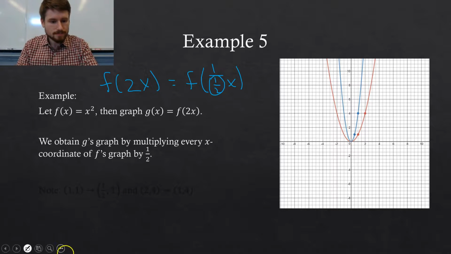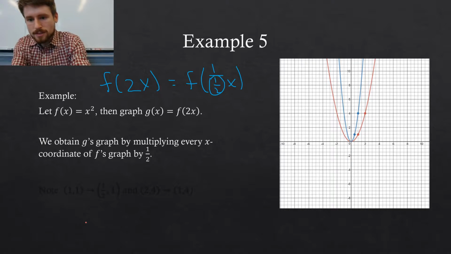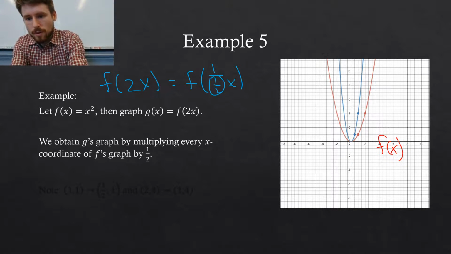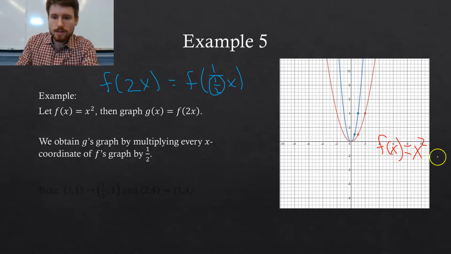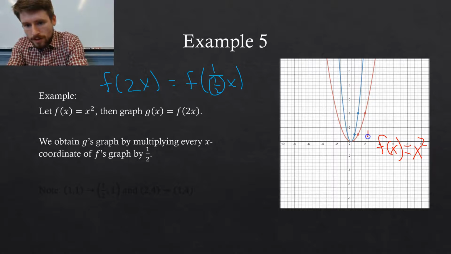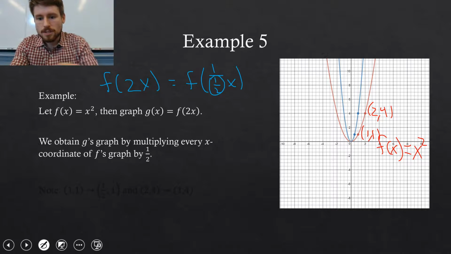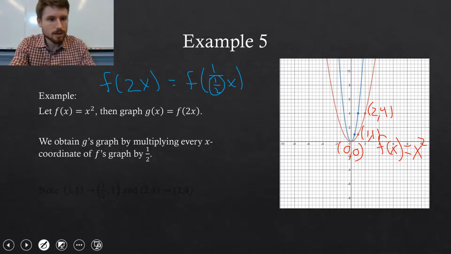Let's just look at these points, see how they move. So here f of x is x squared in this case. So we've got some key points to look at. (1, 1), that's one key point. (2, 4), that's another key point to look at. (0, 0), where did that guy go? (0, 0) didn't go anywhere.